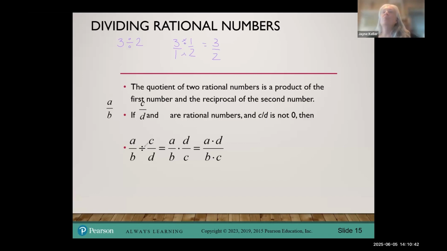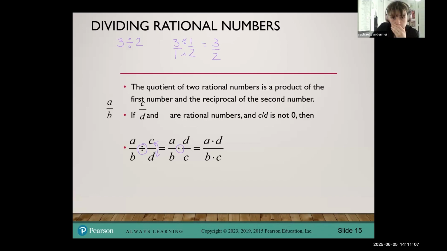So when I go to divide, what I'm going to do is rewrite it as a multiplication. I change the division to a multiplication, and then dividing is the same as multiplying by the reciprocal, and the reciprocal is just when we switch the numerator and the denominator. Some people learn this as keep, switch, flip.